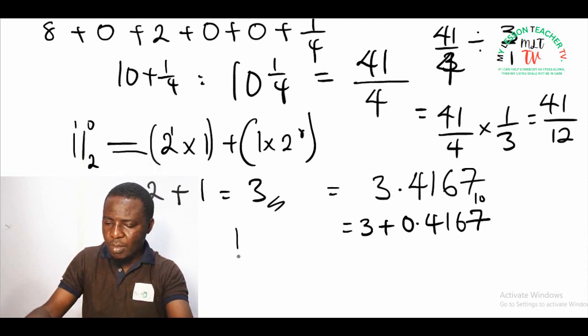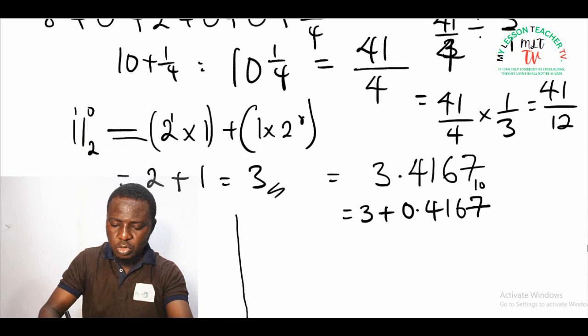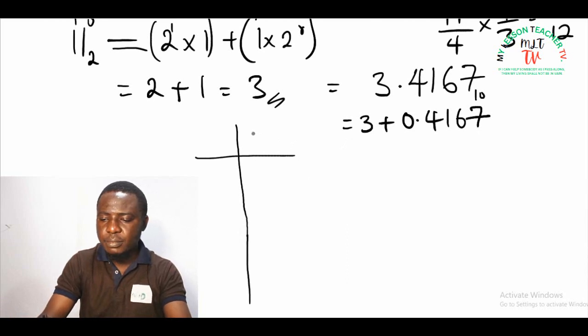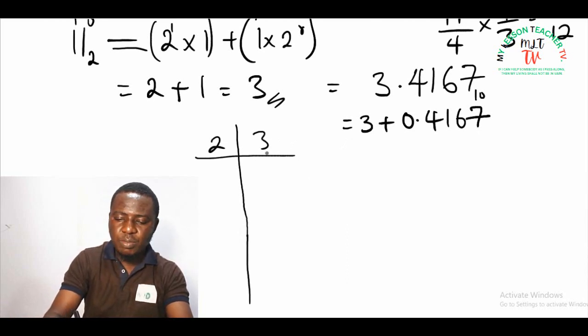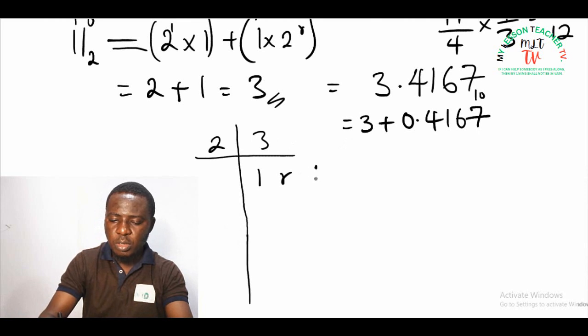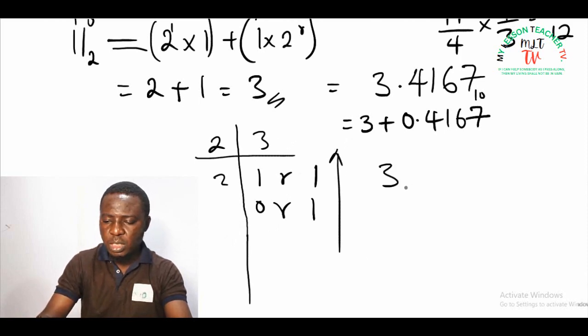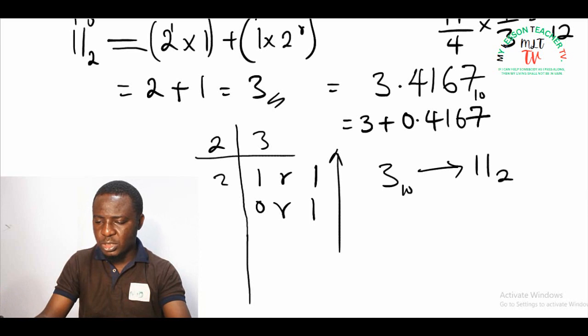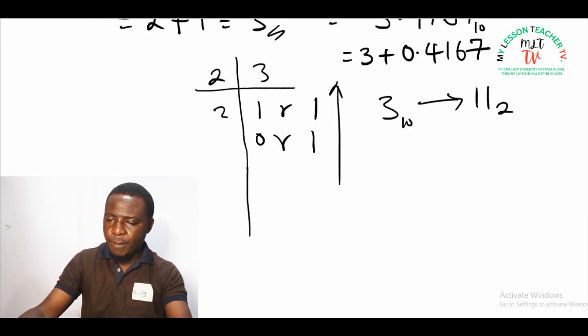Take the whole number part and use the long division method to convert it to base 2. So 3 in base 2 is 1 remainder 1, then 1 remainder 1. So 3 in base 10 is equivalent to 11 in base 2. At this point, you should know how to do this speedily.